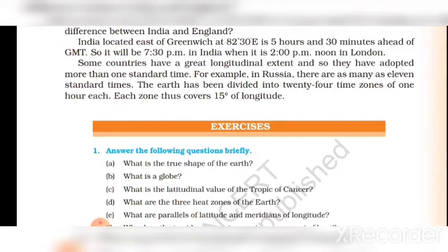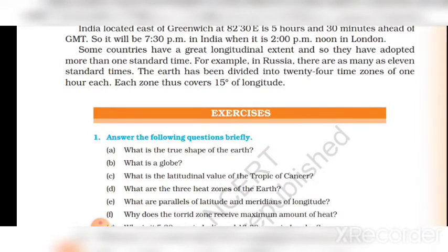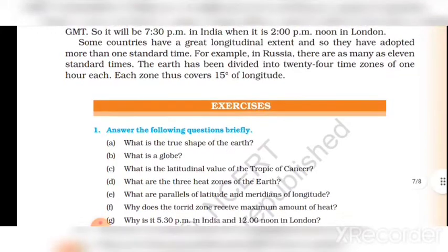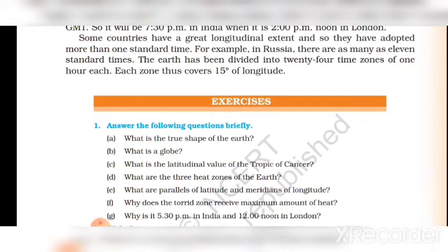North temperate zone, here you can find the Arctic Circle. Here frigid zone, North Pole, 66 and a half degrees north. Tropic of Capricorn, 23 and a half degrees south. South temperate zone.